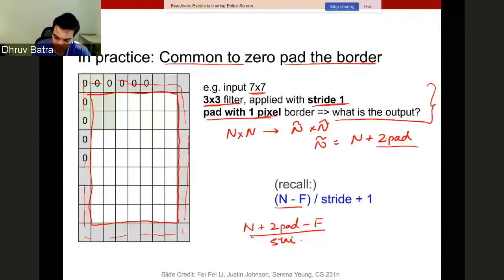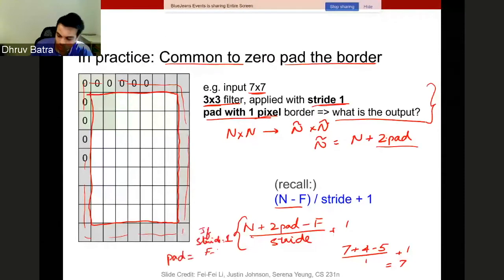And in general, you'll notice from this expression, if stride equals 1, setting pad to f minus 1 over 2 will give you equal sized outputs, because it will basically cancel out the effect of the negative 1. And so you will get same n by n outputs if you pad with this factor, f minus 1 over 2.